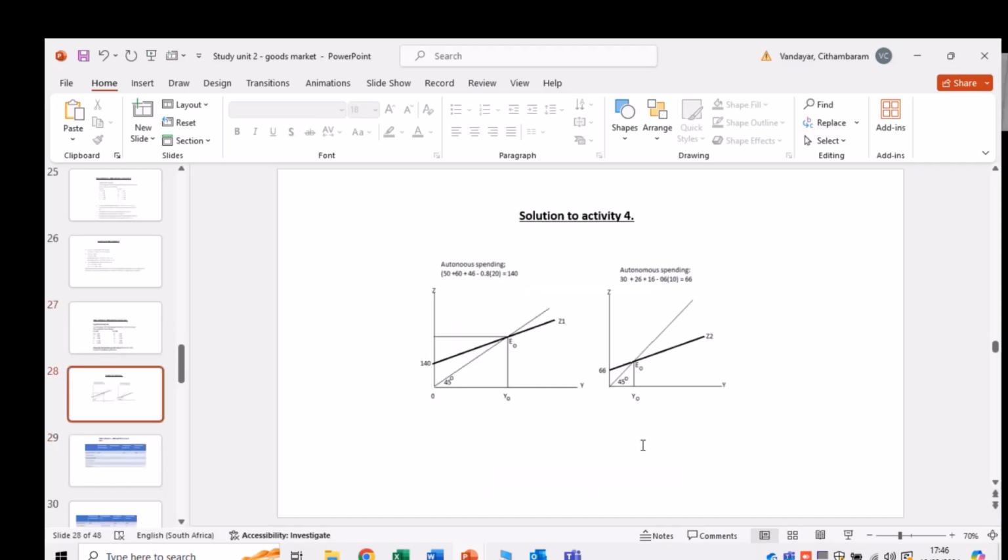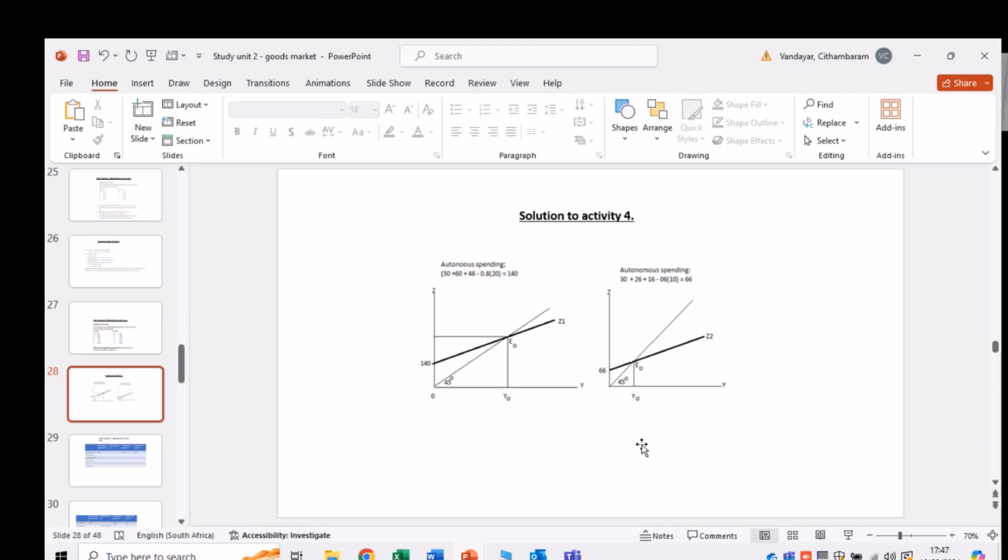There's the diagram for Z1. You did the calculation for autonomous spending, and it was 140, and it cuts the 45-degree line at a point we call E0. There's your autonomous spending: 50 plus 60 plus 46 minus 0.8 times 20 is equal to 140. Remember, the point where the Z curve cuts the 45-degree line is your point of equilibrium. So E0 is your equilibrium point.